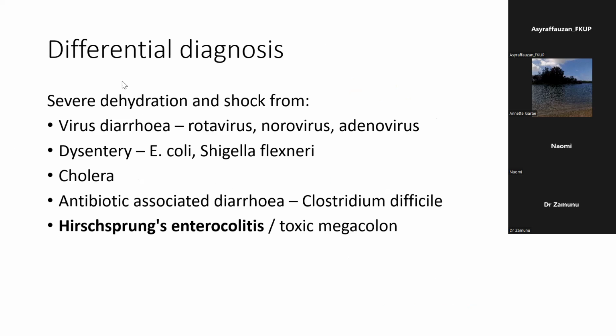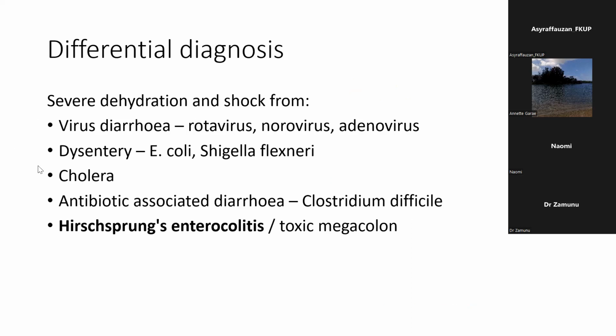Right, so when you're thinking about the differential diagnosis of severe dehydration and shock from vomiting and diarrhea, of course you can get it from just viral diarrhea, from rotavirus or adenovirus or norovirus. They can all cause severe dehydration and shock also. Or it can happen because of dysentery from E. coli or Shigella, or it can be from cholera.